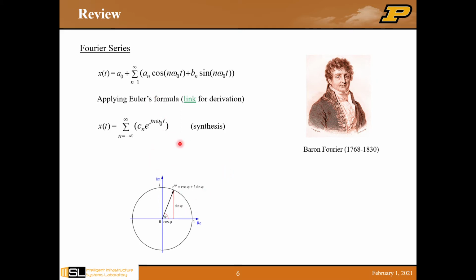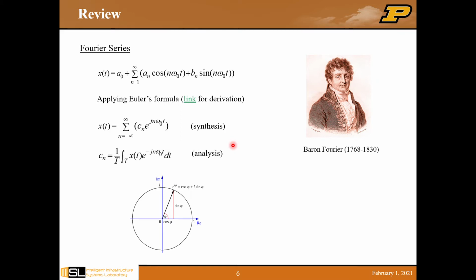The key part is Euler's formula, which states that e to the j phi is equal to cosine phi plus j times sine phi. This is also called the synthesis equation for the Fourier series.